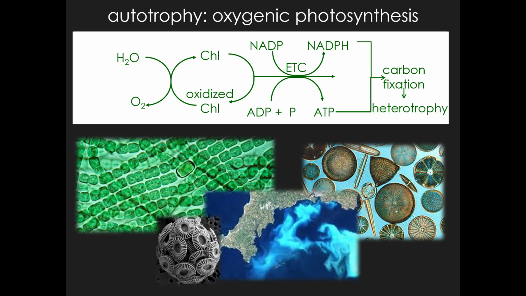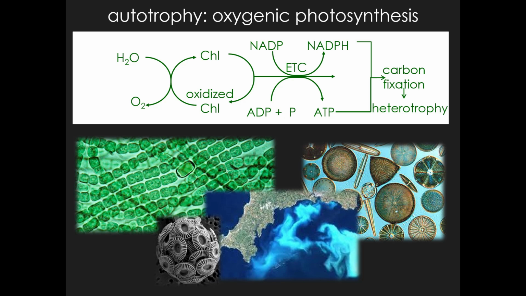On the left-hand side of your screen, you see a picture of cyanobacteria. Cyanobacteria are capable of oxidizing water in order to fuel their photosynthesis, even though they're prokaryotes, and so they can be oxygen-producing photosynthesizers.